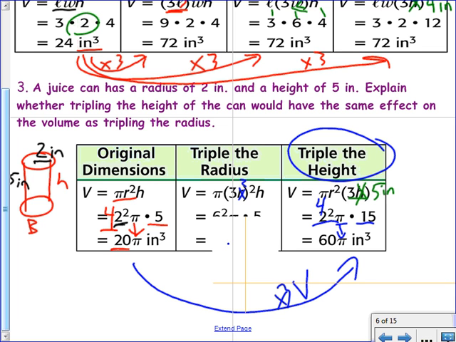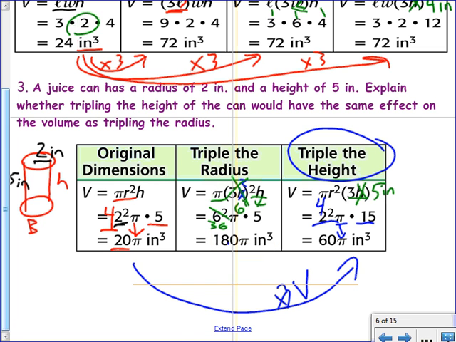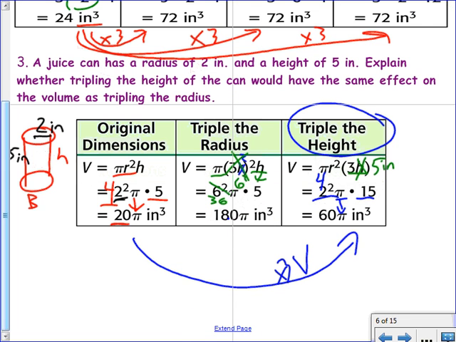We get 6 squared. 6 squared is going to be multiplied by pi and by h, which is 5. And when we do 6 squared, we get 36 times 5 times pi.